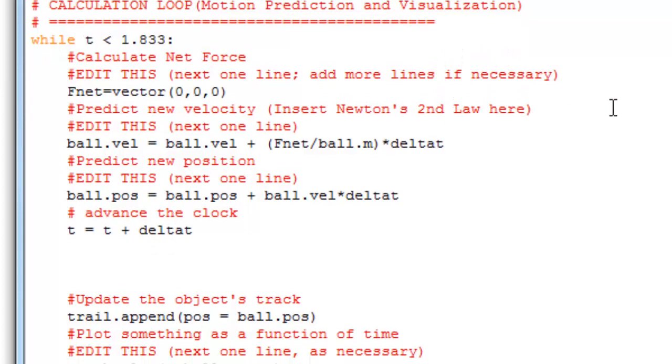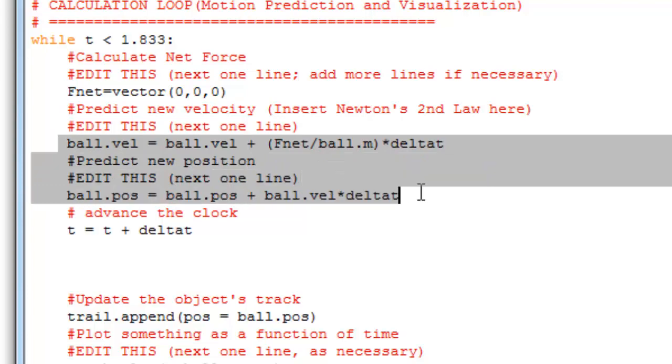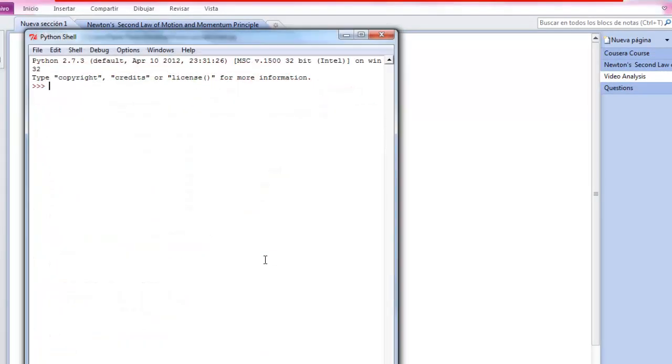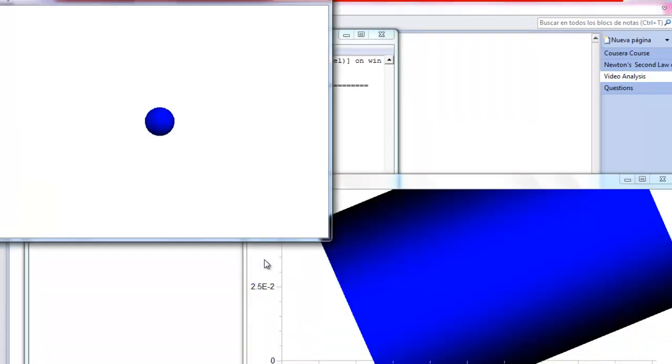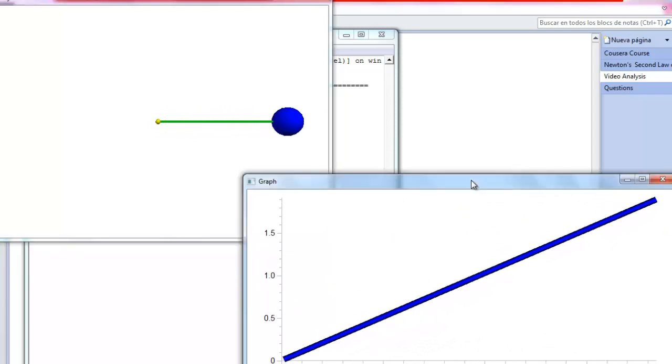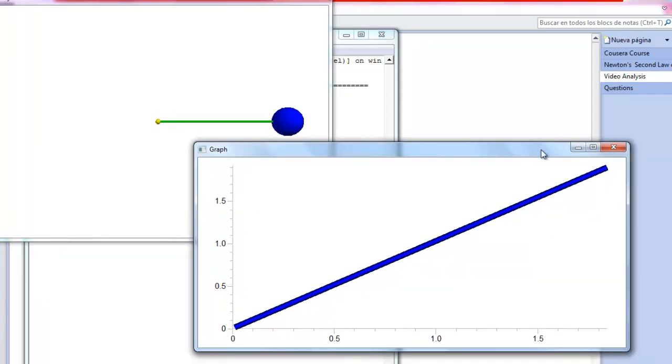As I told you before, our F net in this case will be 0 because it's a constant velocity model, and we also apply Newton's second law. We run it, and as in Tracker it should move in the positive x-axis, and that is what it did. Also, you can see how alike the graph is to the one in Tracker.